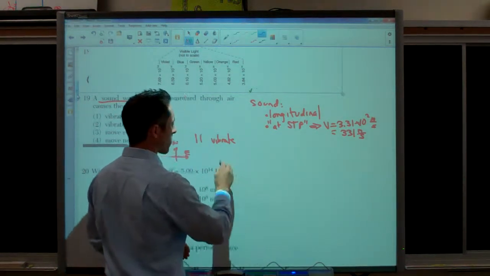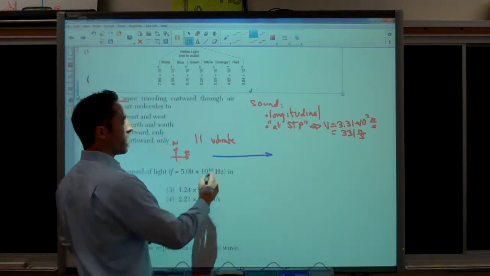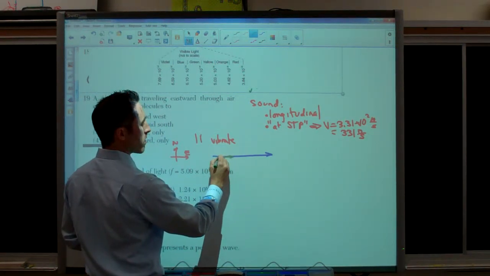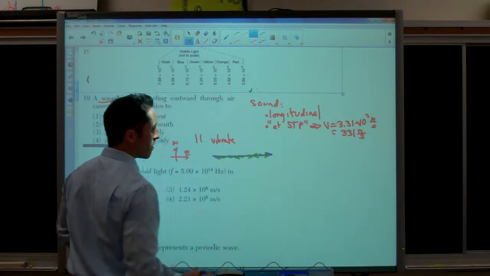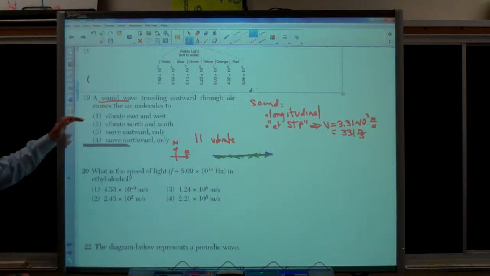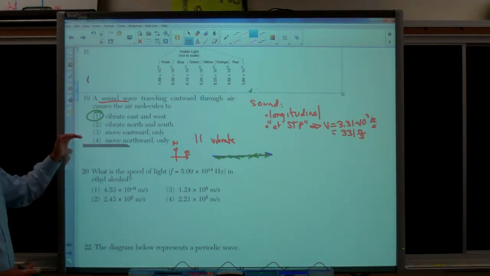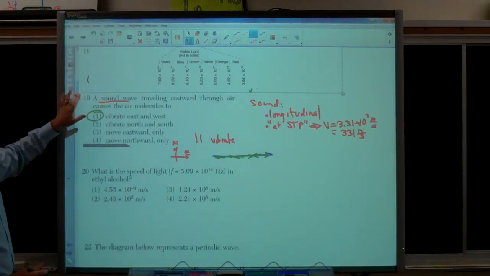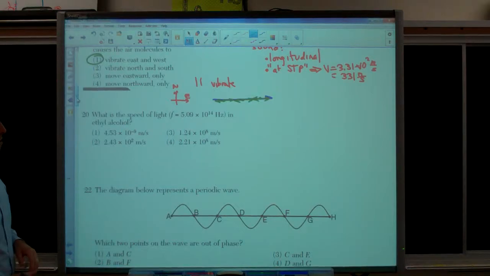Let's say the wave is traveling eastward, then the vibrations must be parallel to that, which means the vibrations will actually be back and forth, east-west. So there's your answer. A transverse wave would allow north-south. Okay, let's go on to the next one. What is the speed of light in ethyl alcohol? Excellent.